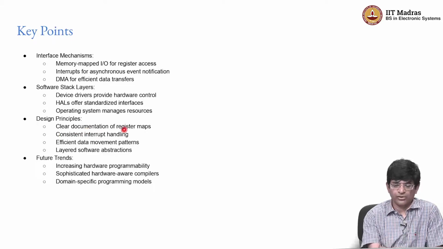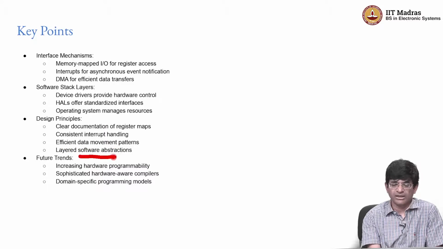From a hardware point of view, we are always dealing with registers. The question becomes, what kind of registers do you want for status or for control, right? And how do you document how they are actually supposed to be used, right? Various things like how do you efficiently move data around, what are the abstractions that you need to provide in terms of software, are things that need to be sort of clearly defined as a system level designer.